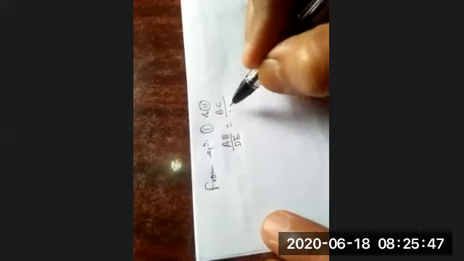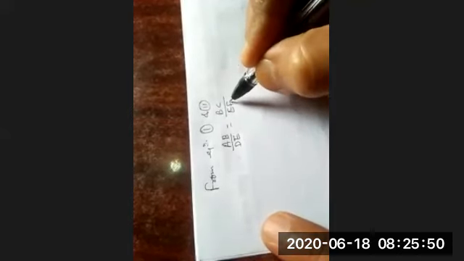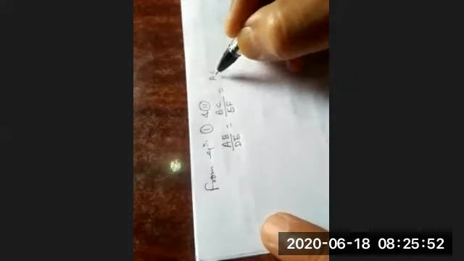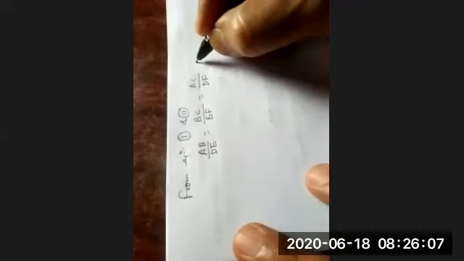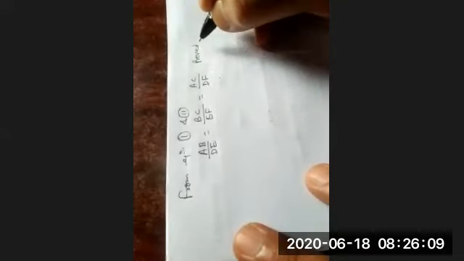Yes, BC by EF is equal to AC by, what is the corresponding side of AC? DF, DF. So this is proved in this way.